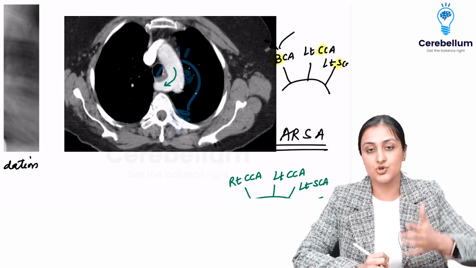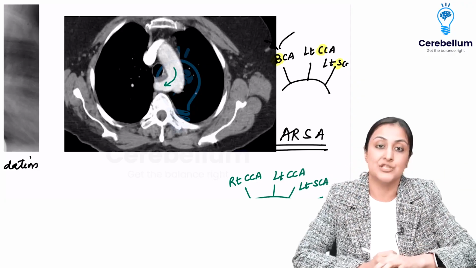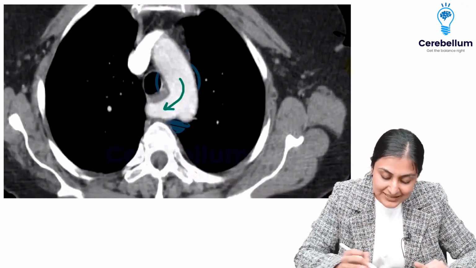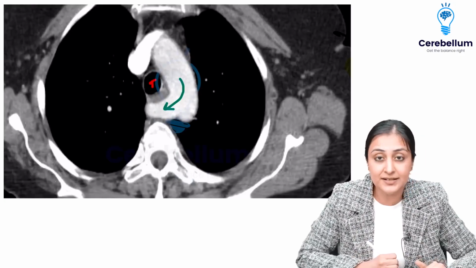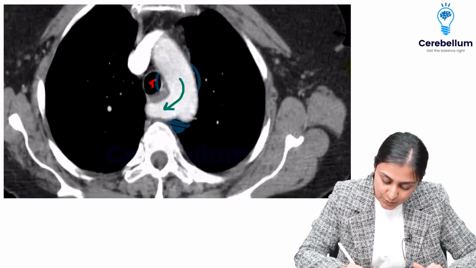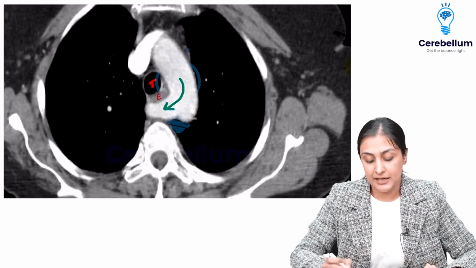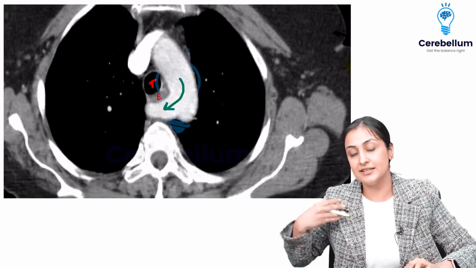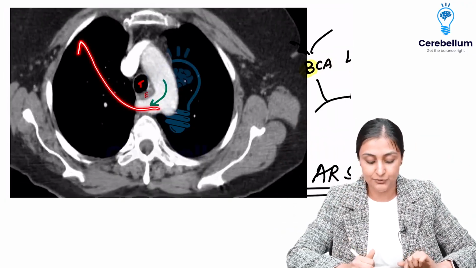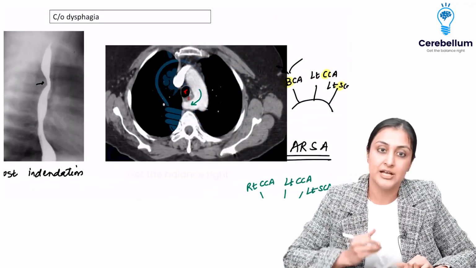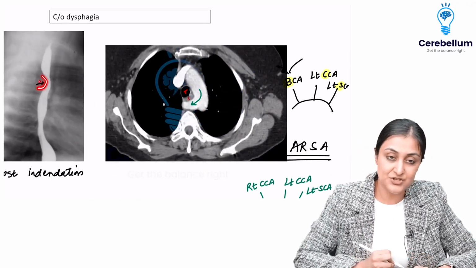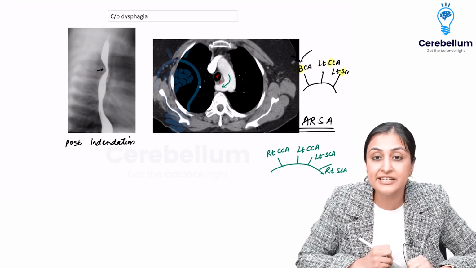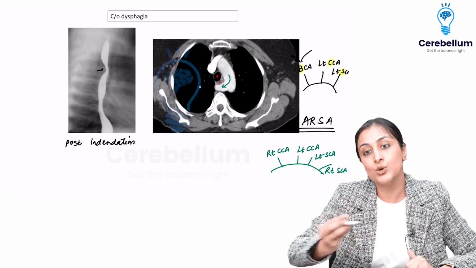And this branch courses behind the esophagus. So look here, this air containing structure is the trachea. Behind that is the collapsed esophagus. We have this vessel pulsating behind the esophagus and then going on to the right side to form the right subclavian artery. So this is why, because of the pulsation, this patient will have posterior indentation leading to dysphagia.